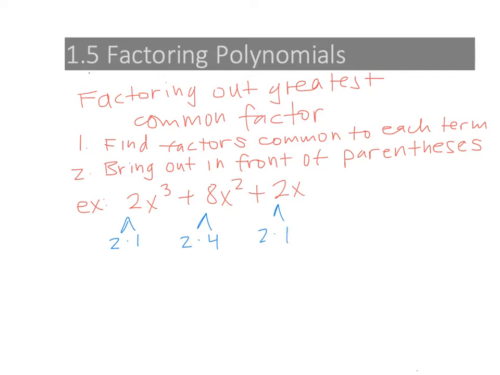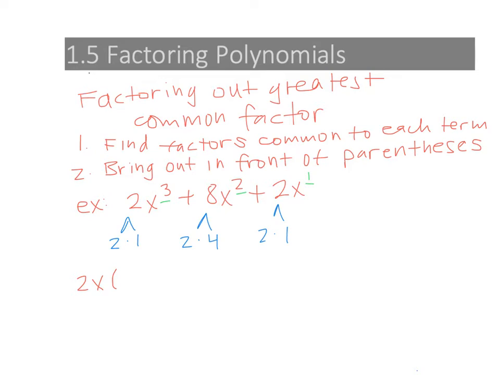Okay, so that's one of the common factors, so we're going to bring that out in front. I'll just write that here for now. And then if we look at the x's, we see that the first term has x cubed, x squared, and then just x, which would be like x to the 1. Okay, so the common factor there is x. We can bring an x out in front.